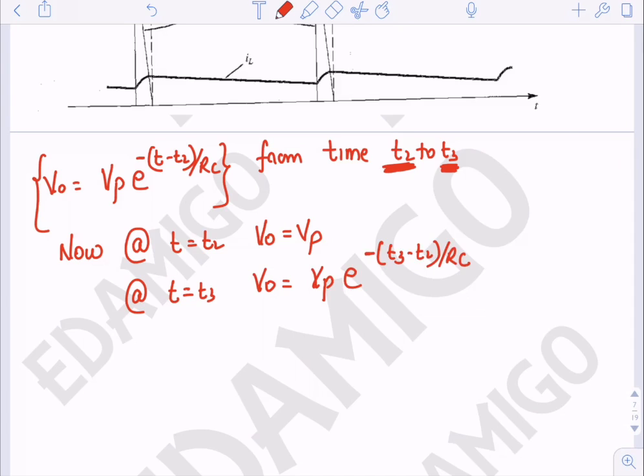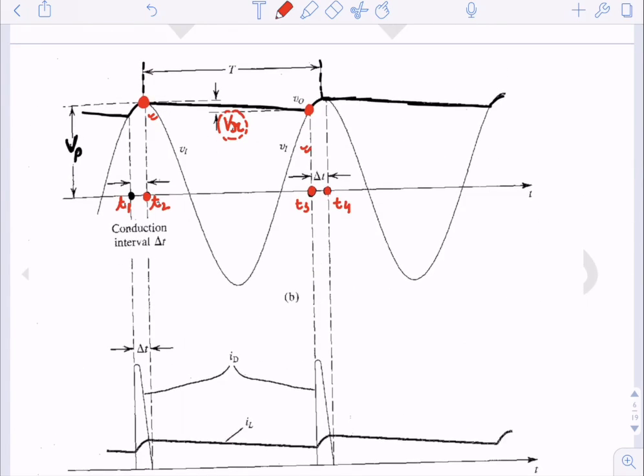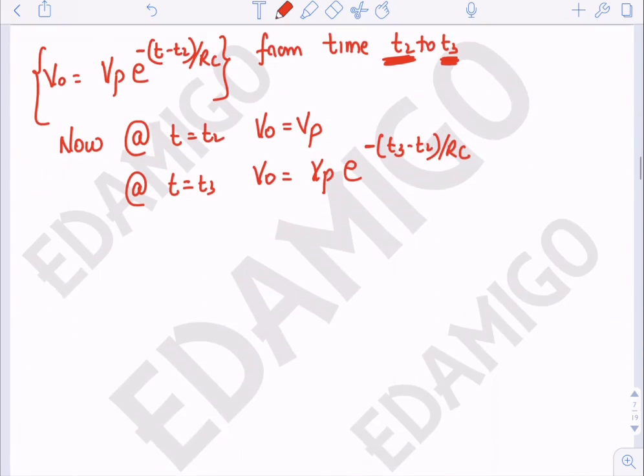Is it clear? Now here we just make an assumption that t3 and t4 are very close to each other, and the time difference between t2 and t4 is the time period, that is capital T. So we can assume that the time difference between t2 and t3 is also capital T, because t3 and t4 are very close to each other.